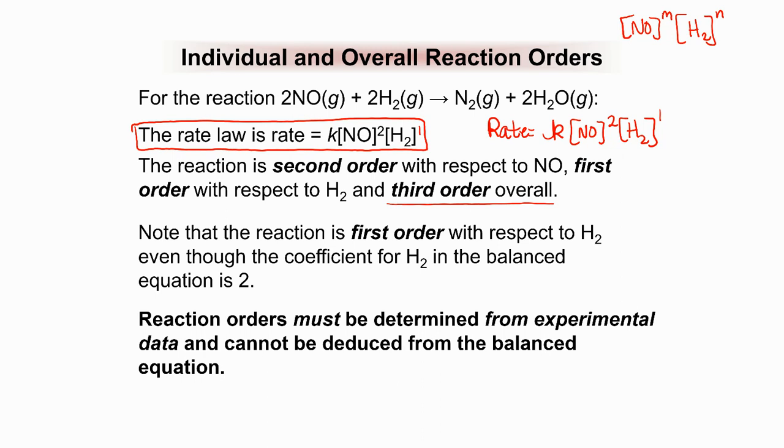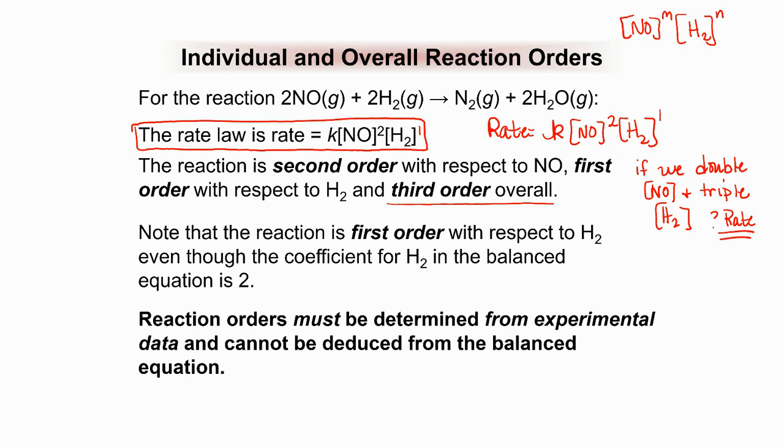So for example, if we double NO and triple H2 concentrations, what happens to our rate? By how many times will it increase?